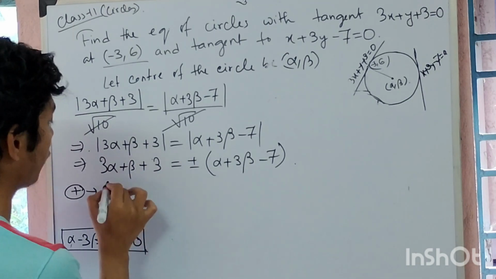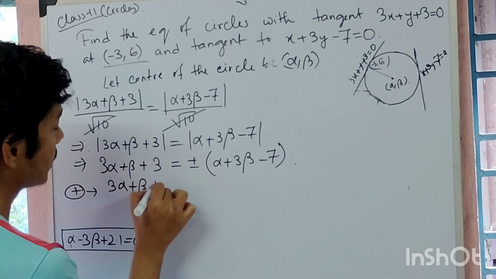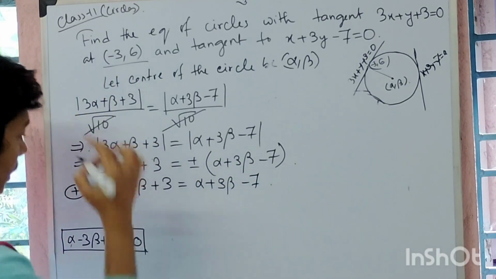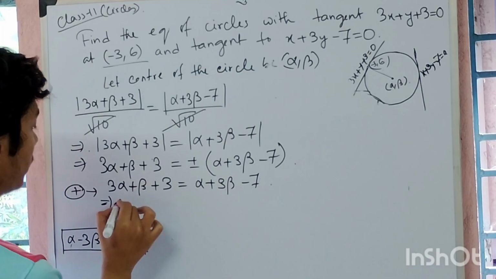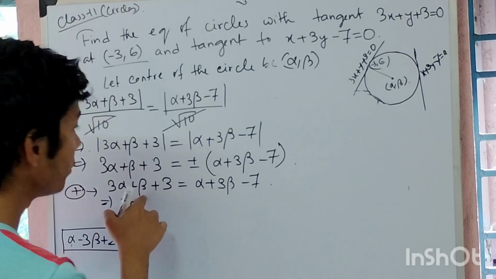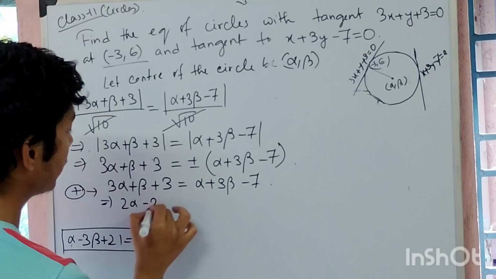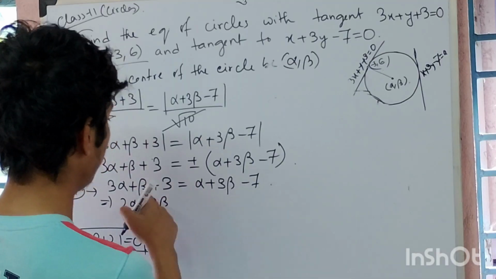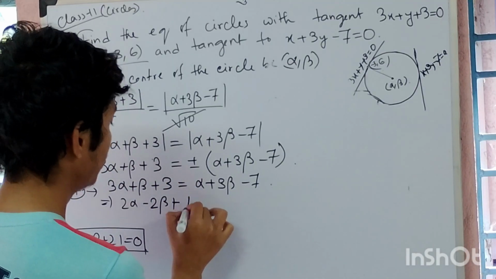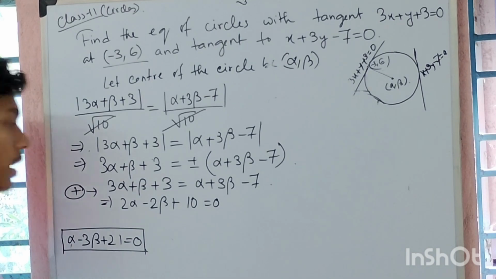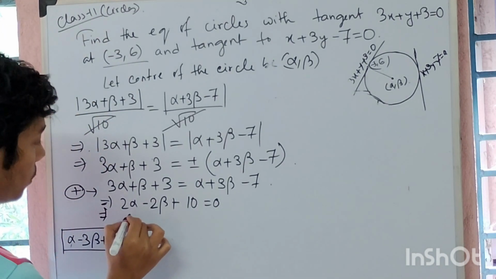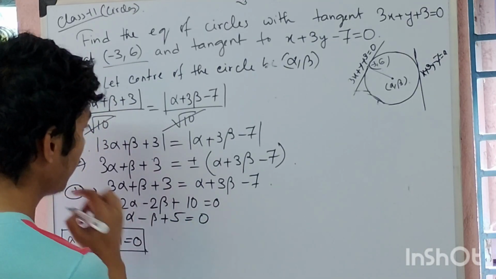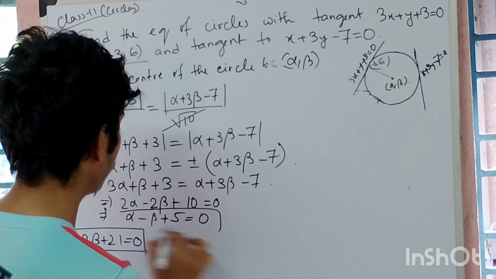If I take plus first, it gives 3 alpha + beta + 3 = alpha + 3 beta - 7. Simplifying, it will be 2 alpha - 2 beta, and taking everything to the left-hand side, plus 10 equals 0. Dividing both sides by 2, it will be alpha - beta + 5 = 0. This is my one equation.